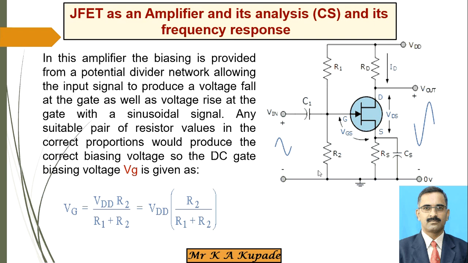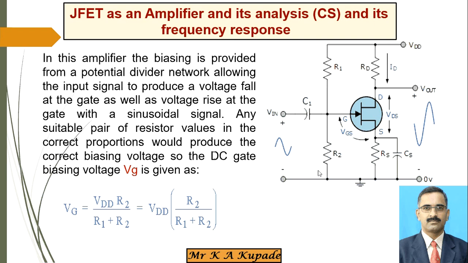That means whenever you consider the V signal, which is a sine wave, at the gate terminal it may rise or fall, right? And accordingly, as per that sinusoidal signal, that voltage is given by this R1 and R2.